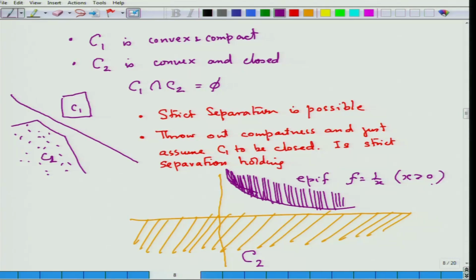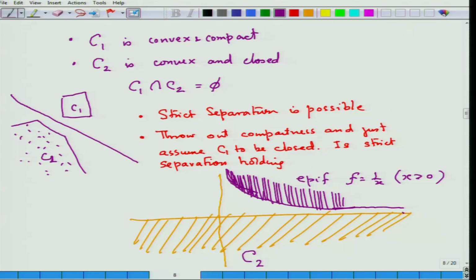Now, you see this 1 by x is asymptotically going towards the x axis, asymptotically going towards 0. That is, as you go further and further towards infinity, the distance between this x axis and this curve keeps on decreasing, but they never touch each other.